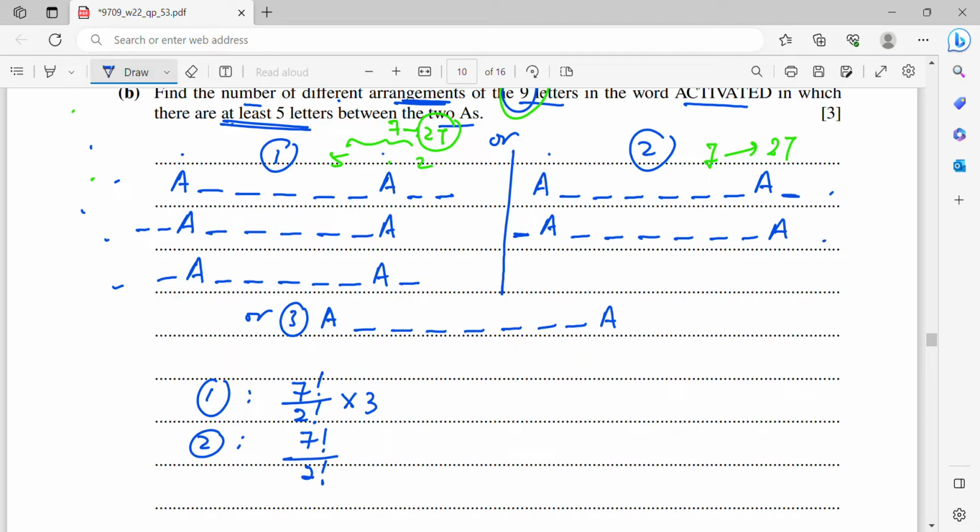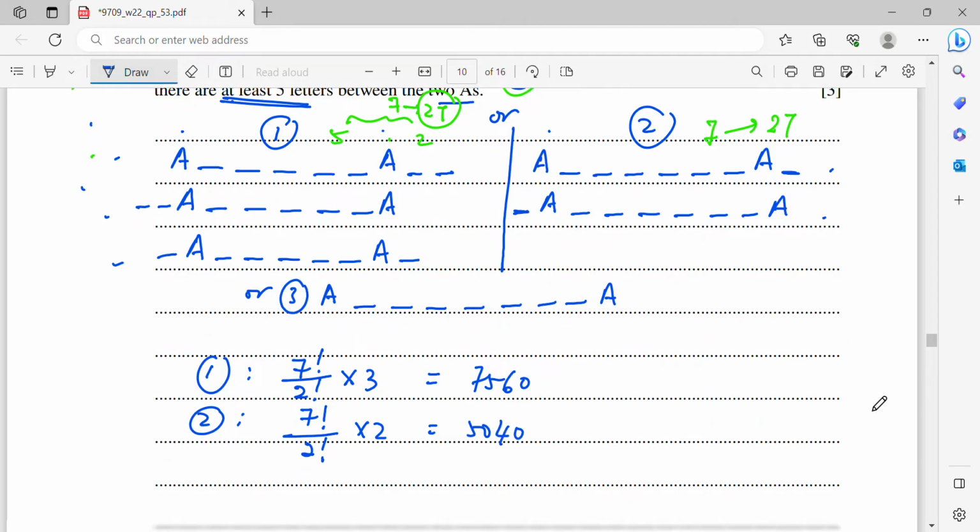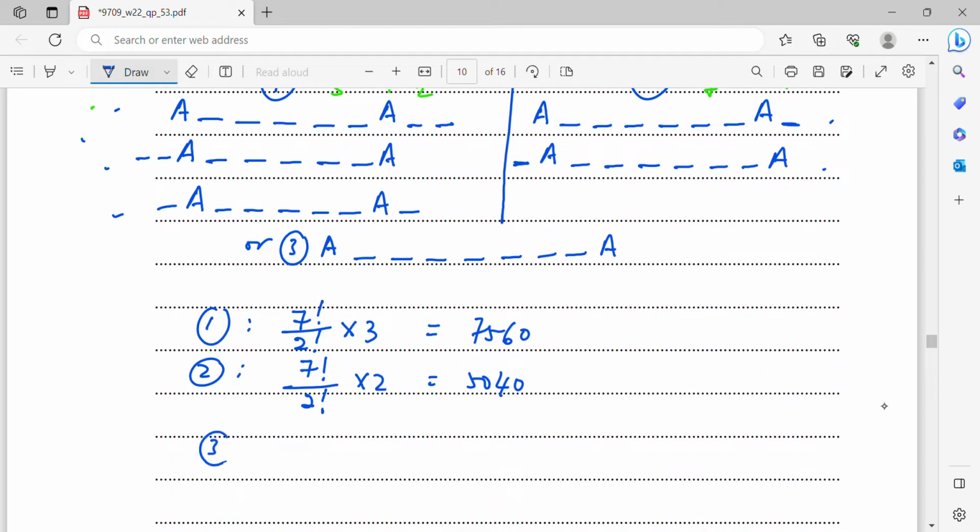Now I have 2 cases here, that means I times 2. So when you count, the first one is going to be 7560. Then here is going to be 5040. Now for the third case, out of 7 letters, I have 2 T's.